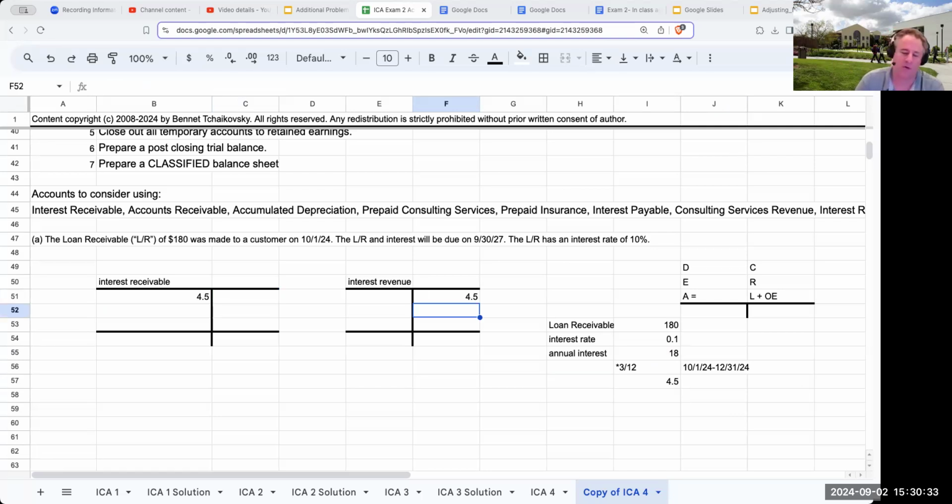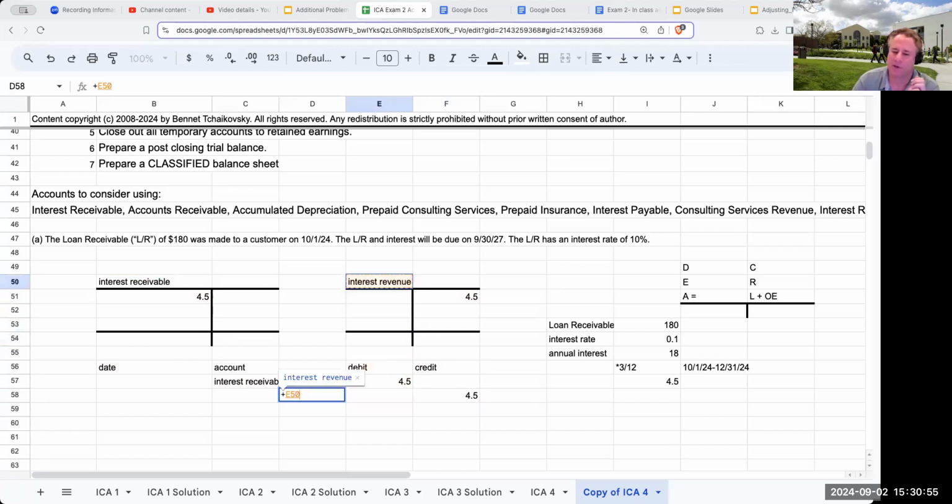How do I record this as a journal entry? Over here, if I've done the T account, I debit interest receivable and credit interest revenue for 4.5. Now notice over here, the credit is indented.